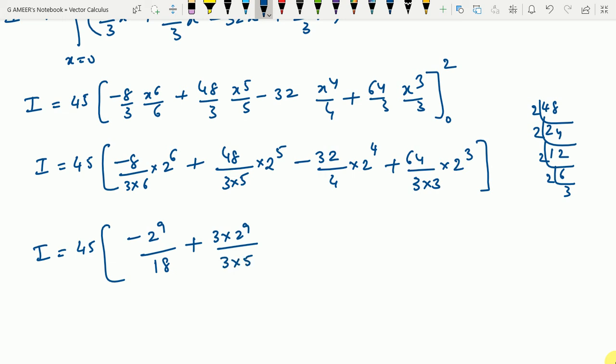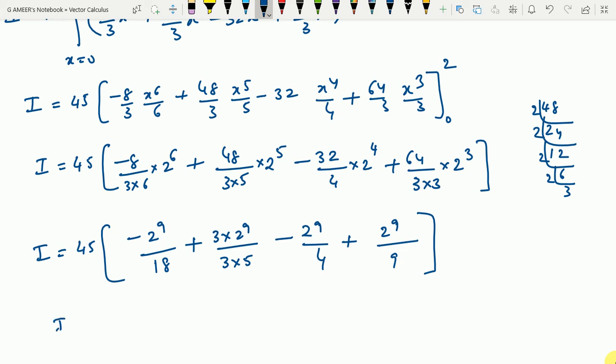Okay, next here 32, 4 8 to 2 power 5. So this also will come as 2 power 9 by 4. Then this will be 64, 2 power 9 will come, 9 divided by 9. So okay, everywhere what is common? 2 power 9 is common.